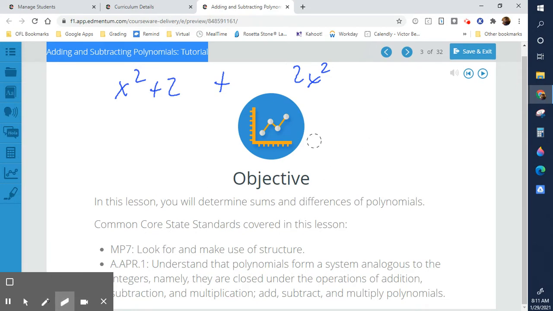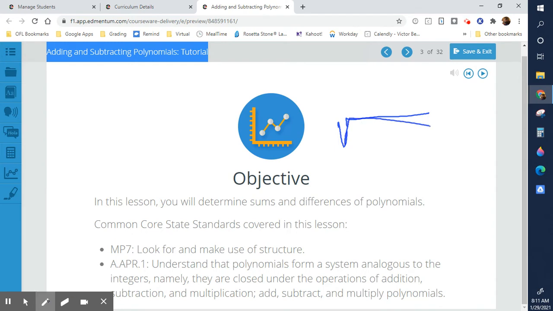It's still going to be some other type of polynomial. So that's what it means by closed under an operation. It's not going to turn into an exponential. It's not going to turn into a radical function. We learned in the other one that even though radical functions can kind of be polynomials, they are a little different. So they don't change that drastically.